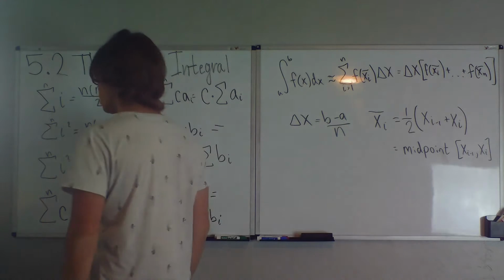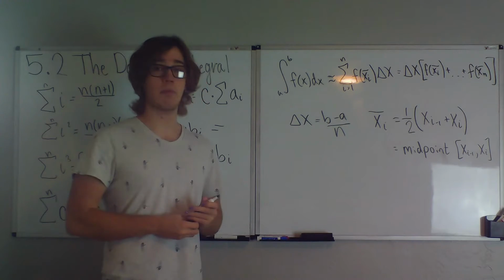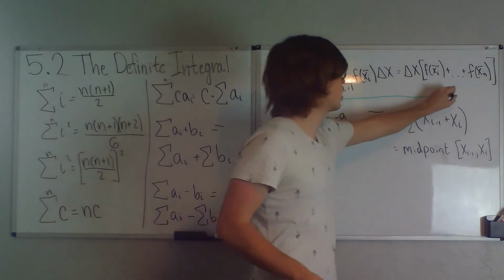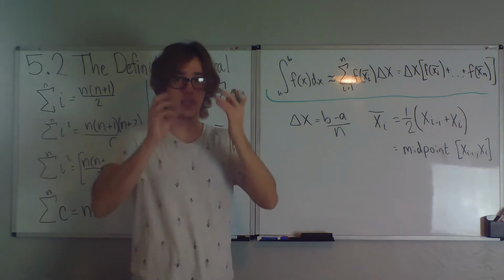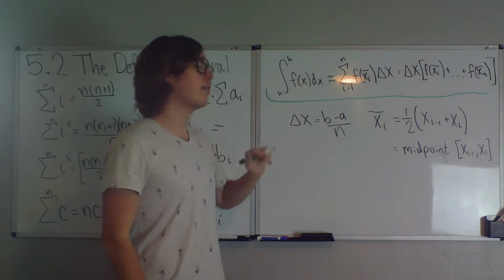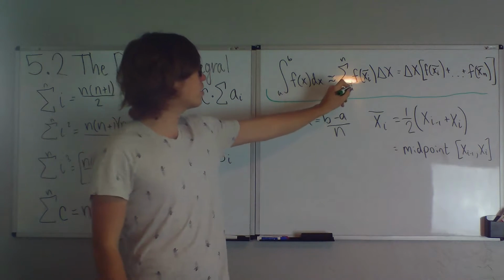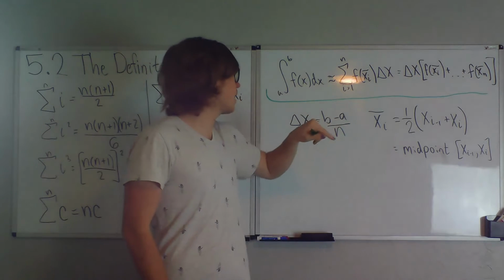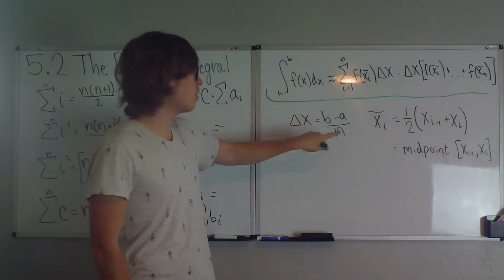Now we can go on to a little bit of an approximation, how we can make our Riemann sum better. What we can do is we have our Riemann sum, this is our integral, right? And it's saying this is approximately equal to, and why do I say approximately equal? Well, I don't have that limit there, so we can't say it's exactly equal. And we see this, well, f of x bar i, and then times delta x. Well, our delta x stays the same, and it's equal to b minus a over n.